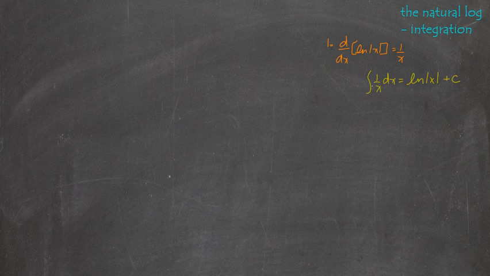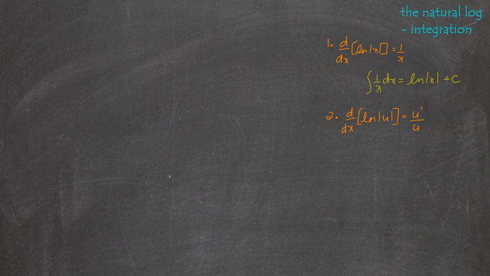So we have a rule for integrating the natural log function, just as we had a rule for differentiating the log function. Now remember, our second differentiation rule: the derivative with respect to x of the natural log of u, where u is a u substitution, equals u prime over u.